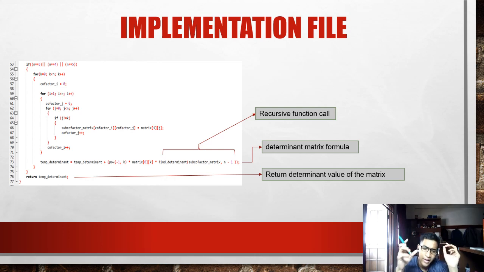Then I return the determinant value of the matrix. Same for 4 times 4, 5 times 5, all can be done in this function. For 4 times 4, the inner determinant will become 3 times 3, and for 5 times 5, the inner determinant will become 4 times 4.